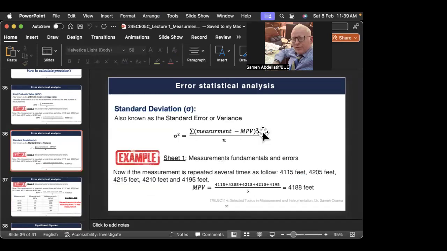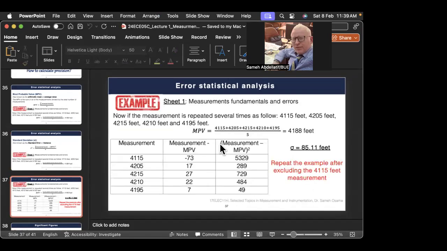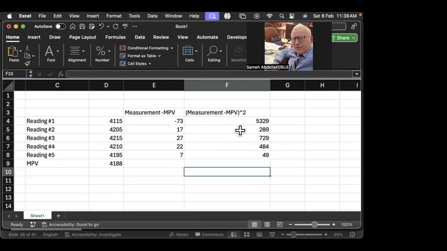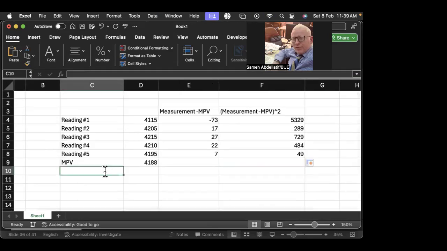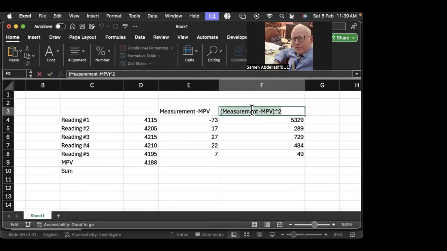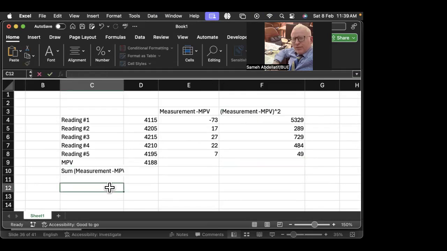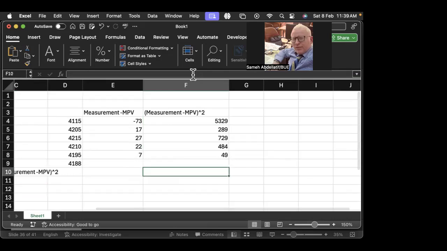We need to sum all these numbers and then divide it by n, which is the number of iterations, which is 5. So here what we should do is simply sum, so let's do it here.